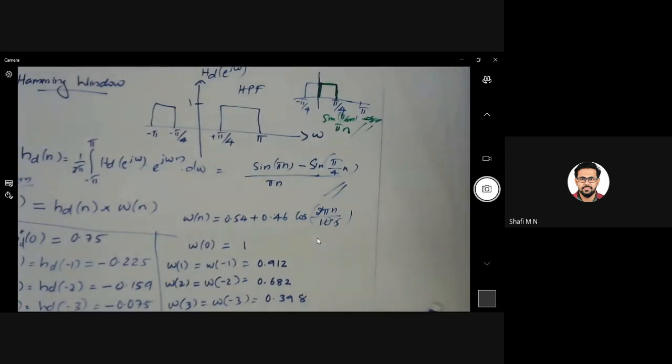So you write this question. Design an FIR filter. ചെറിയ ഡിഫറെൻ്റ് ആയിട്ടുള്ള ഒരു പ്രോബ്ലം ആണ്.